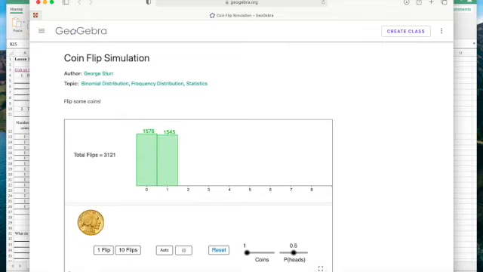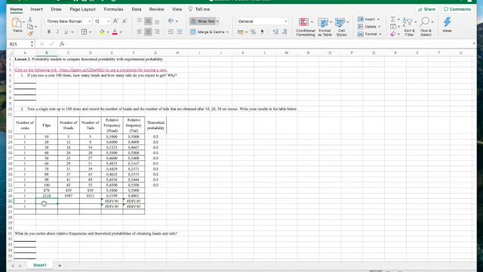Okay, so that is 3,121. We're getting 1,576 heads, and we're getting 1,545 tails. I'll just record that as well for my records. So after 3,121 tosses, we're getting 1,576 heads and 1,545 tails. And look at the probabilities.